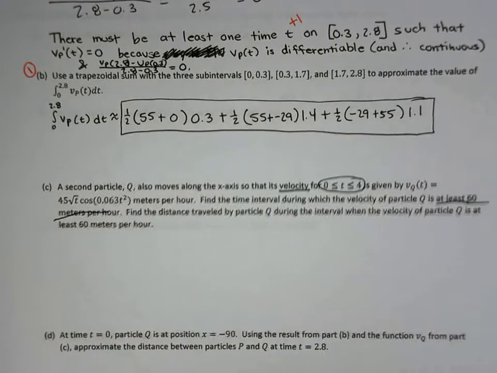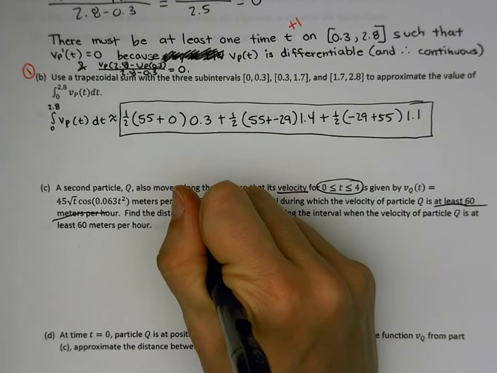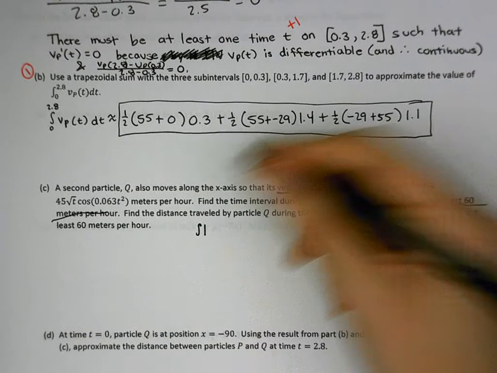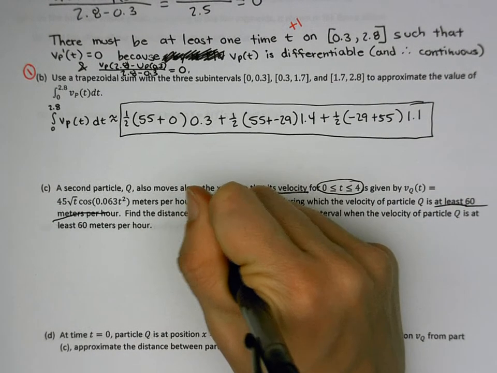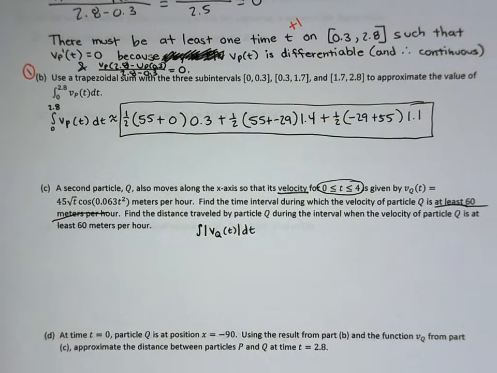And then find the distance traveled by particle Q during that time interval, right? And so we know we're going to be doing some total distance. I don't know, again, what my bounds are, but it's going to be the absolute value of v sub q of t. Okay, that's the total distance formula.